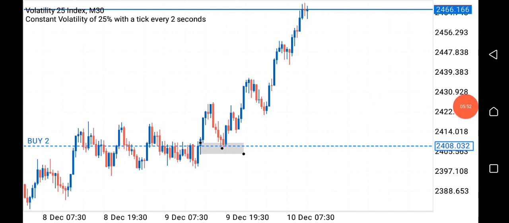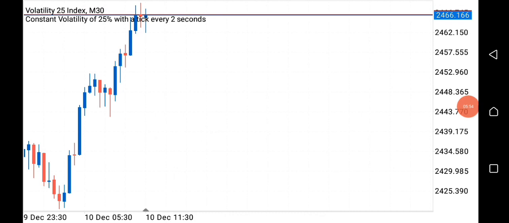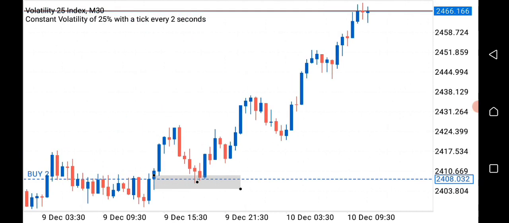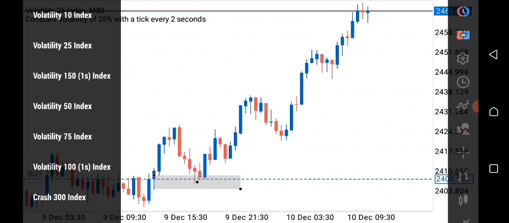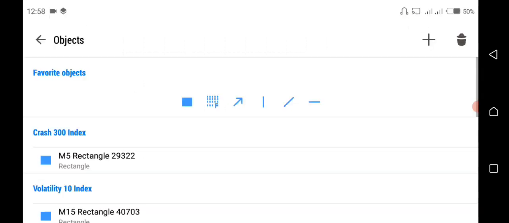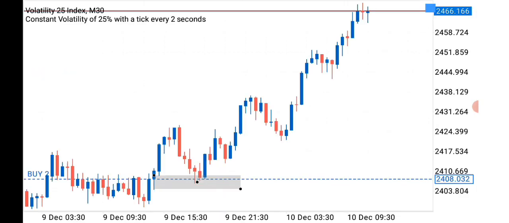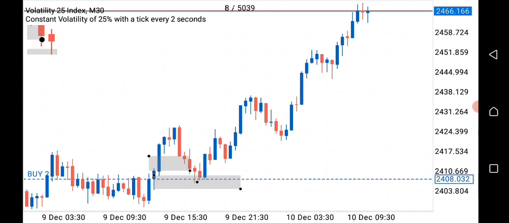If I zoom in, you also see the imbalance. Do you not see it? See this gap? Though most times, because I've been on this market for long, without even checking all these, I know where the market is supposed to respect.